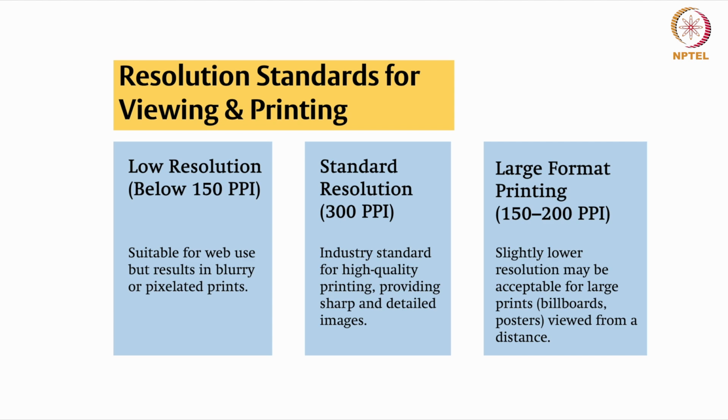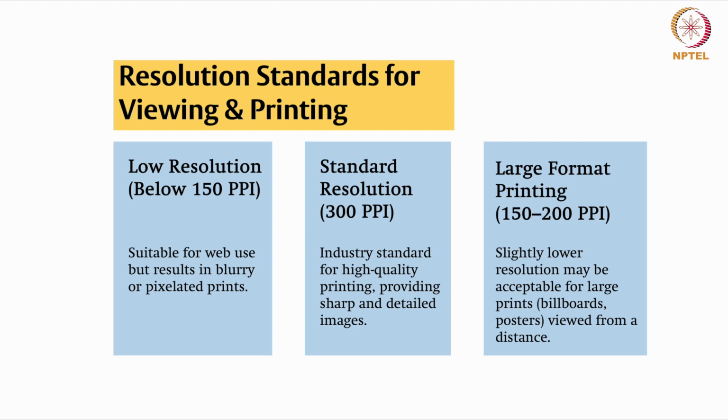There are different resolution standards for viewing and printing an image. For example, if you go with a resolution below 150 ppi, the image will be suitable for web use, but the results may be blurry or pixelated for prints.